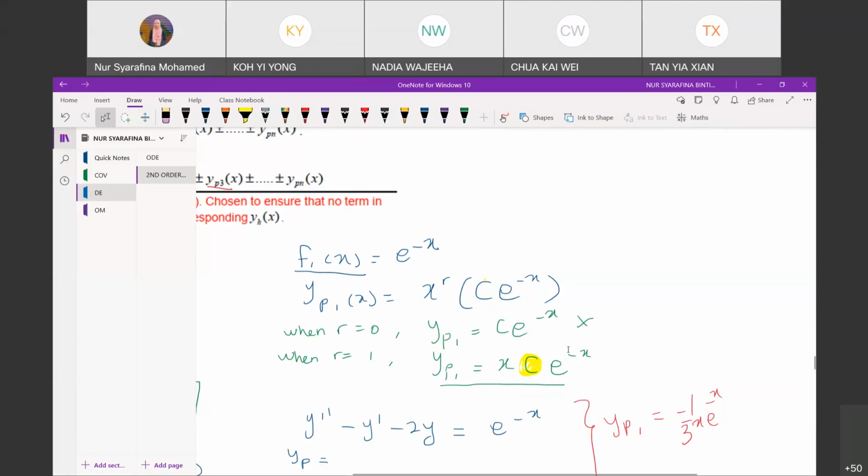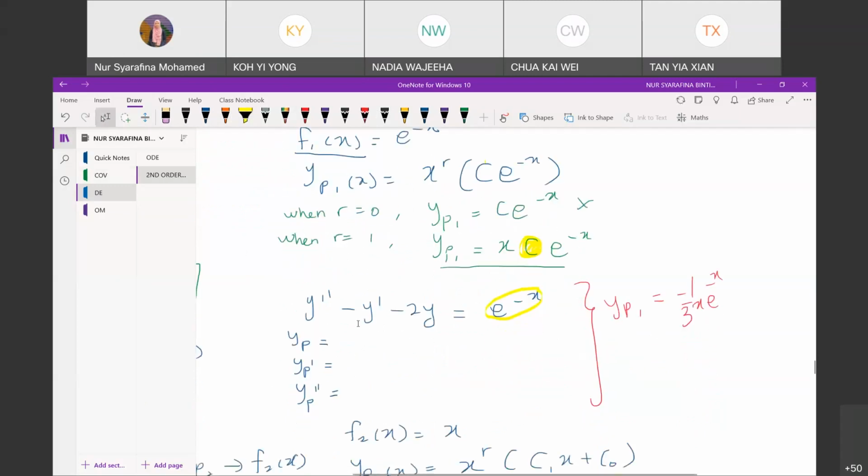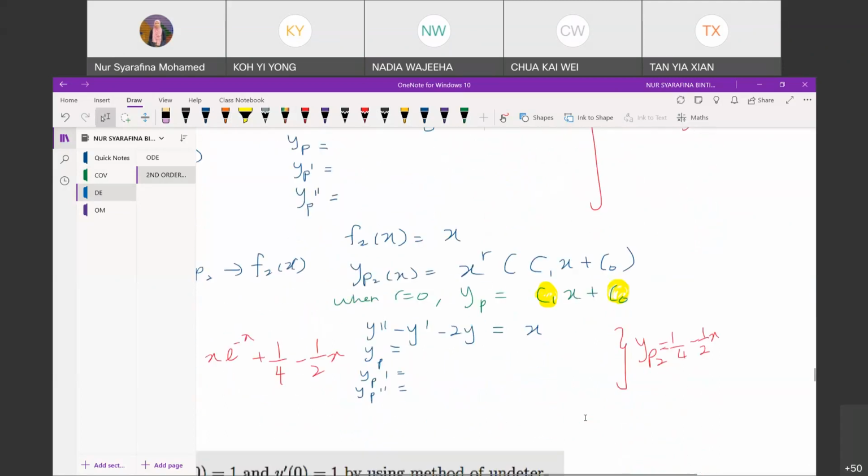Okay, once you got your yP1, then same process: differentiate and substitute into the differential equation and compare just with f1. Okay, and then for f2, when f2 equals x, it follows the linear polynomial, so yP2 equals x to the power r times (c1x plus c0). Check the value of r, and then substitute into the differential equation and compare only with yP2.